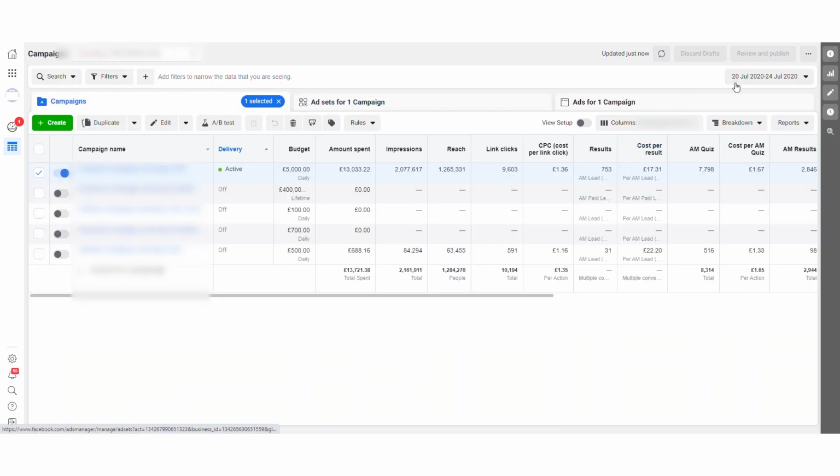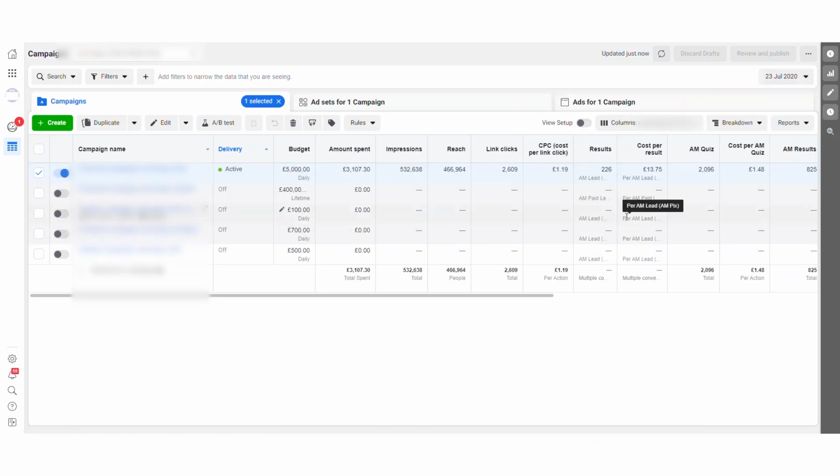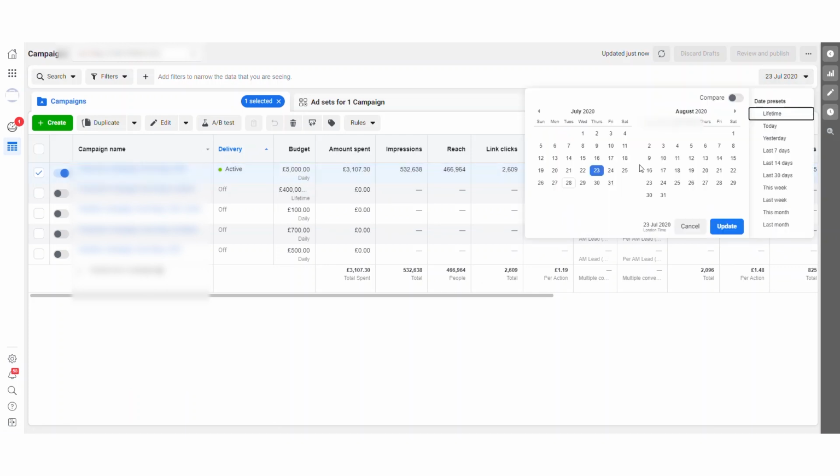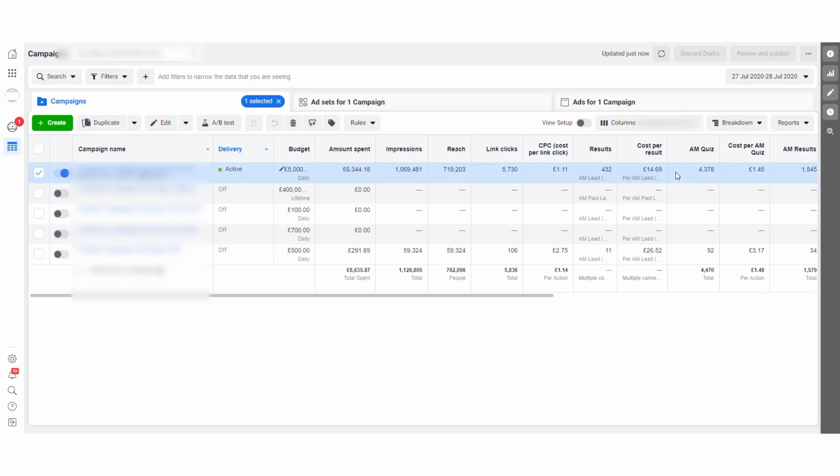So we did a lot of work last week on it, and at the tail end it started to come down. I'll show you here. It came down by a good £5 under our cap off point. Let's just show how it started this week. So again, we've brought it back down underneath what we want it to be, our target CPA.